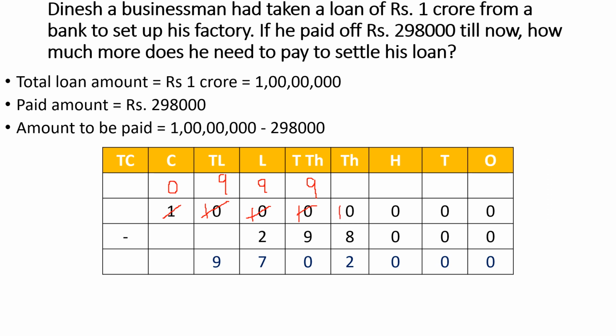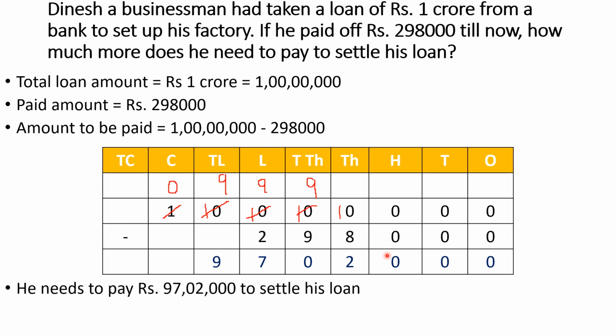Now we can easily subtract. Just see, 10 minus 8, 2. 9 minus 9, 0. 9 minus 2, 7. And 9 is 9 here. So it is our difference. That is, he needs to pay rupees 97 lakh 2,000 to settle his loan.